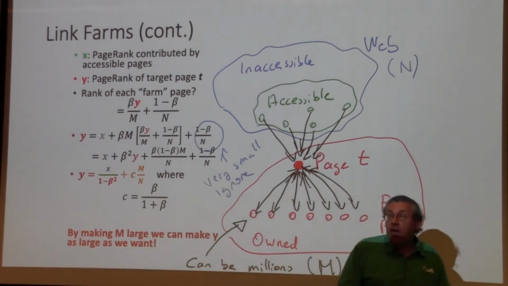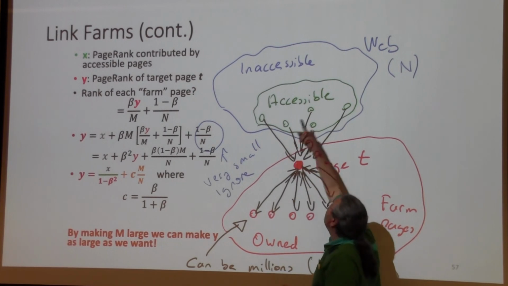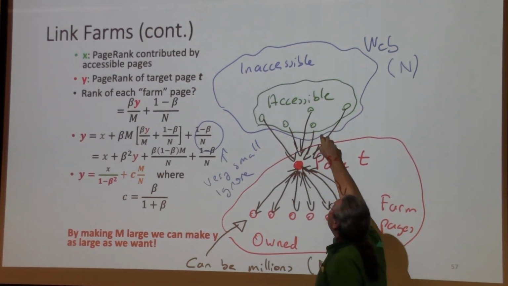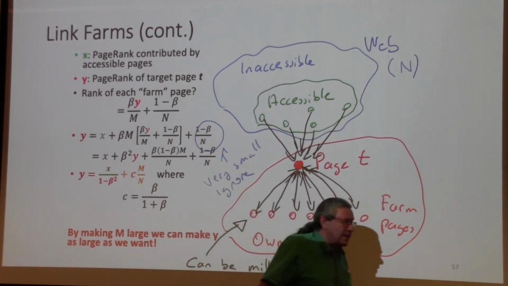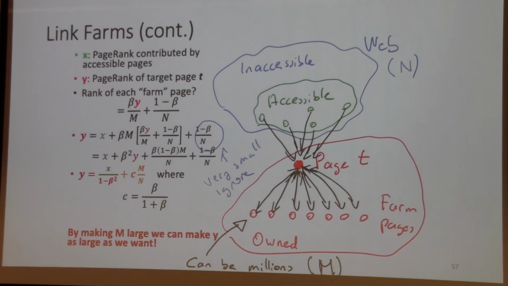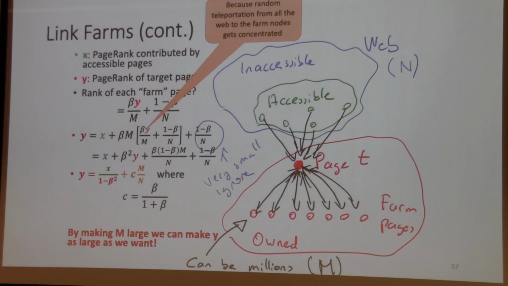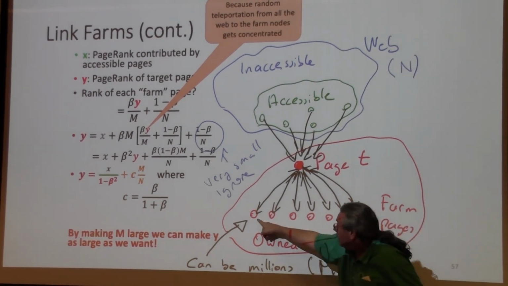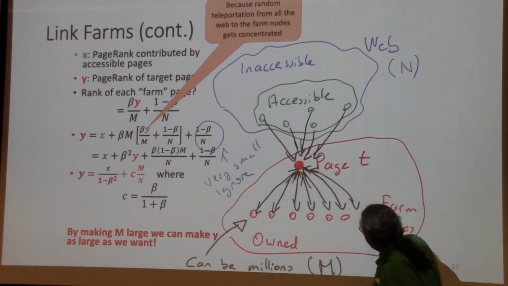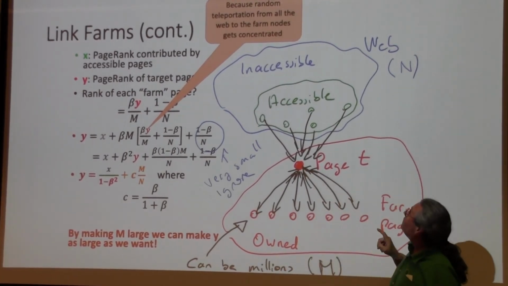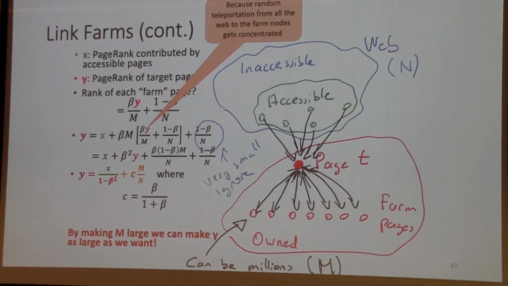And of course, another way to increase y is you start by having a lot of accessible pages. So you have two effects. You increase x, but you also increase m. So you can see the contribution is somehow proportional to m. And it works because I divide my m pages, but then I multiply by m because each of them contributes to t. See how it works?